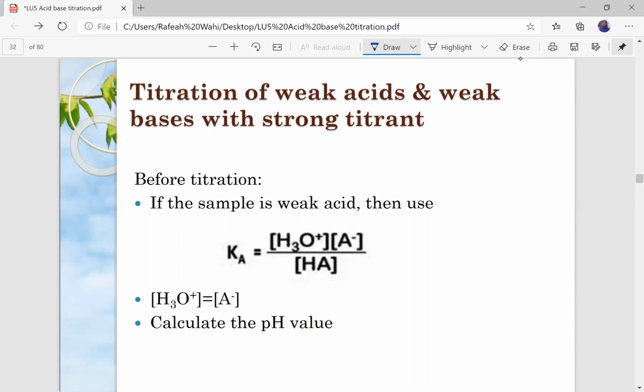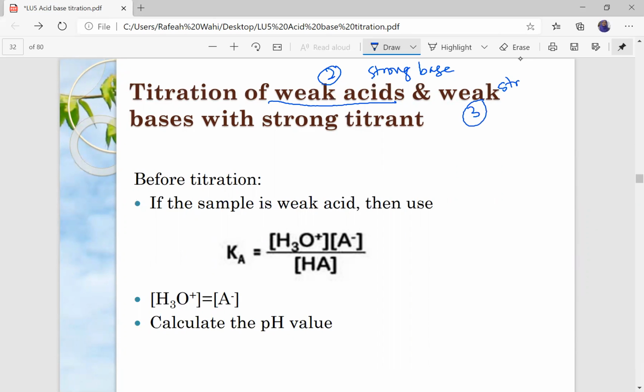Now, take your notebook and please have two separate tables: one for weak acid titration with strong base, and another table for weak base titration with strong acid.